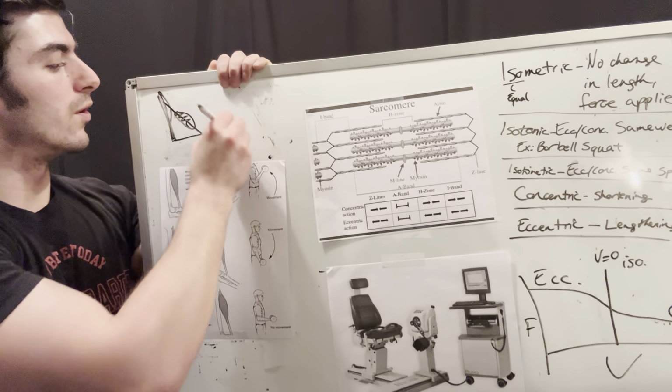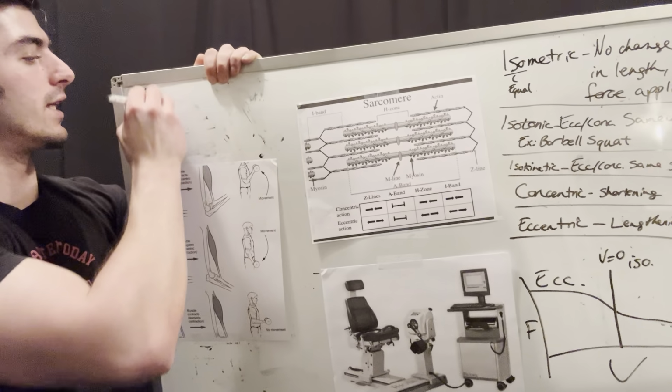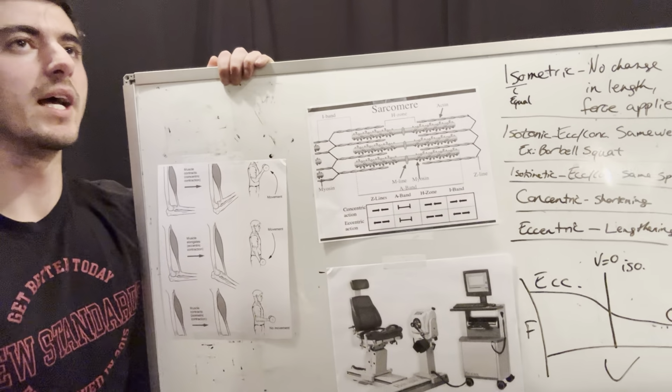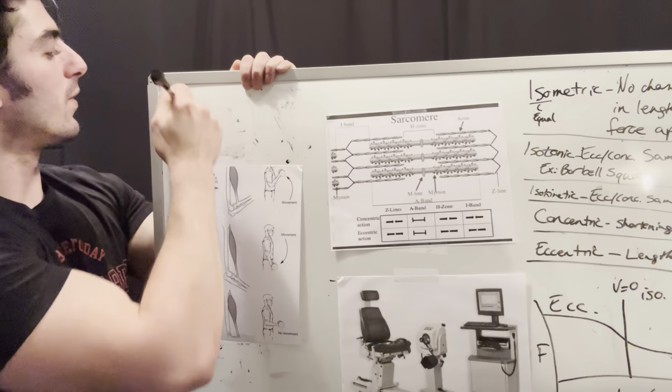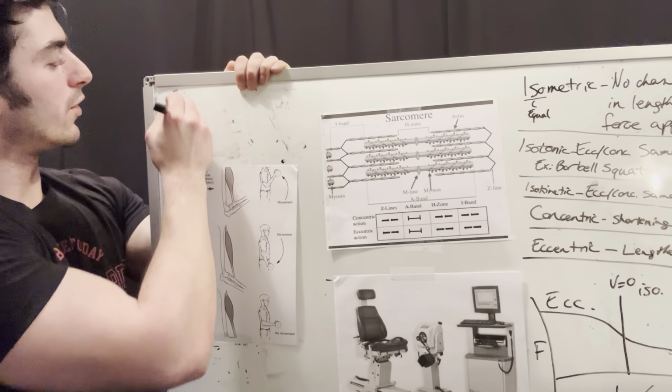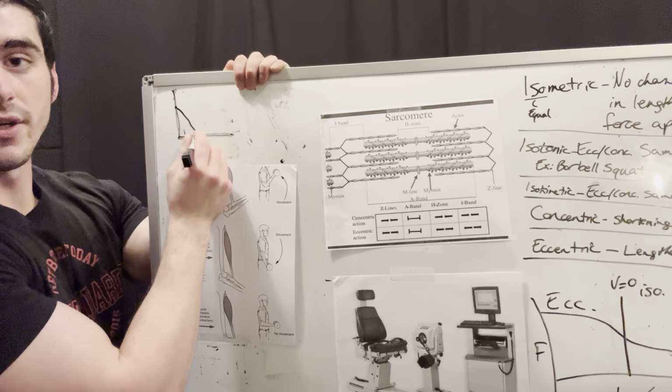So going beyond those three, one thing that we can actually change is if someone has a different insertion point on their biceps. So say we draw our humerus here, radius and ulna here, and our bicep inserts here, right?